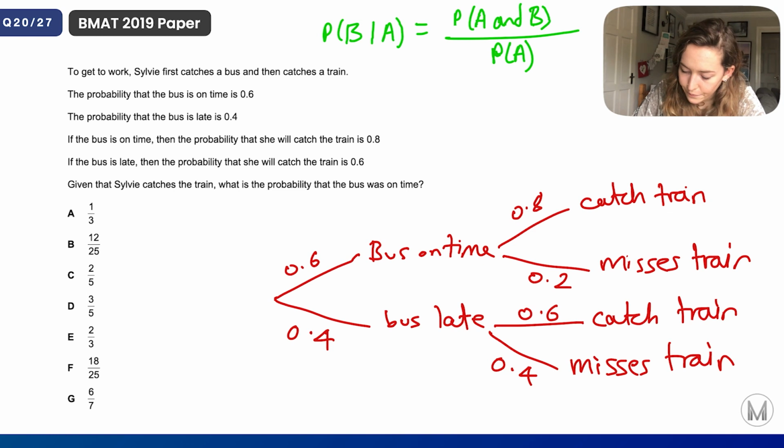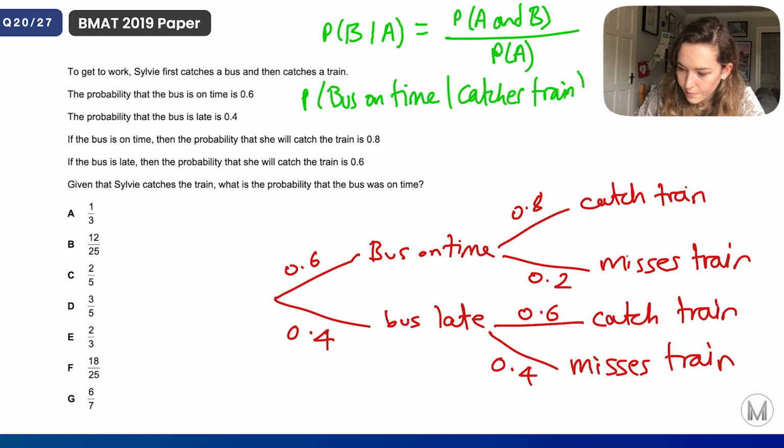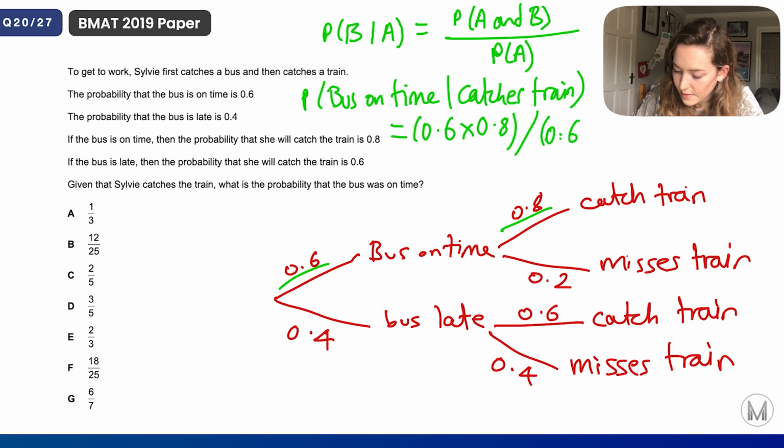So P of bus on time, given that she catches the train, is equal to 0.6 times 0.8, divided by 0.6 times 0.8 plus 0.4 times 0.6.